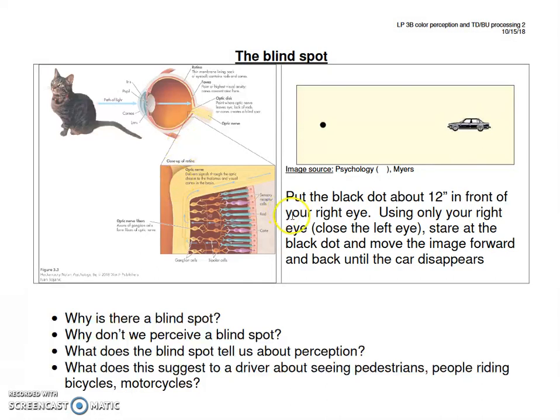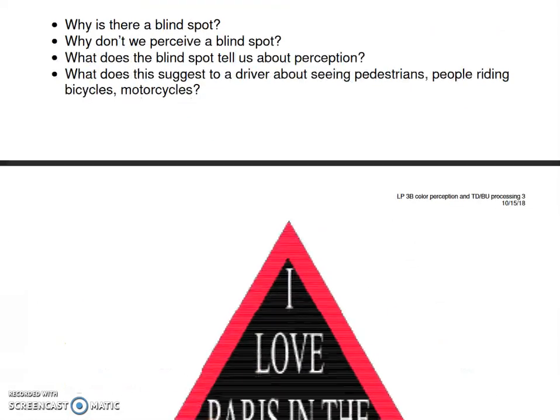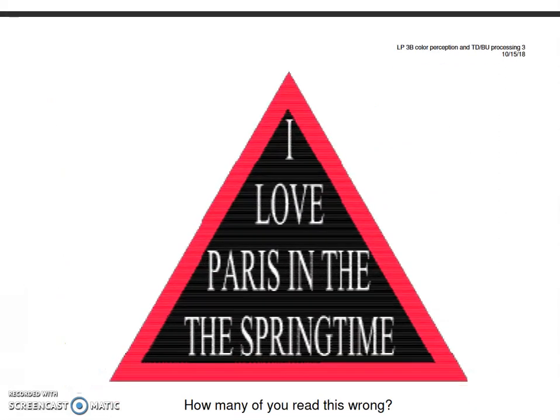Now to illustrate how the brain fills in information with what we expect, take a look at this image. The first time I did it, I read it wrong. Some of you may be able to figure out what's wrong with it.